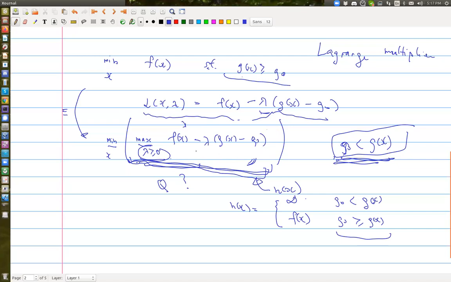By introducing this part, we are absorbing the constraint into the objective function. And this lambda here is known as a Lagrange multiplier, basically.